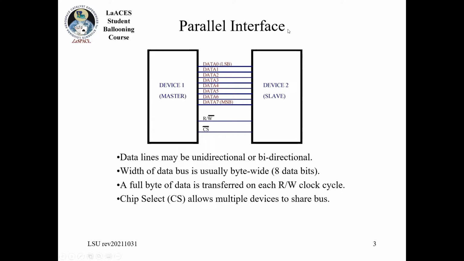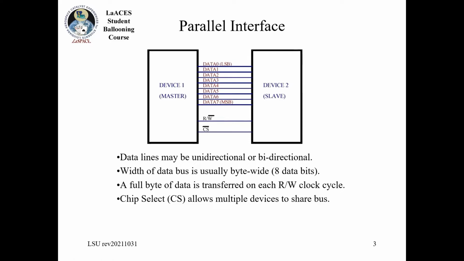These lines can either be one-way or two-way, and what we call this is a data bus, and the width of the data bus is how many different lines you have. Since we have 8 different data lines, 0 through 7, that would be an 8-bit wide data bus, or a single byte wide.